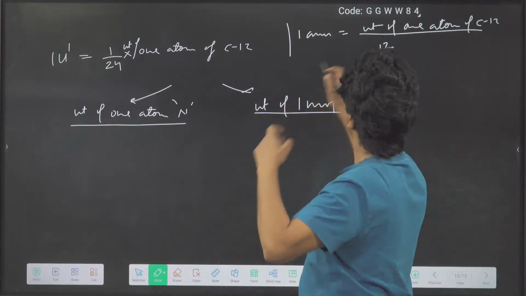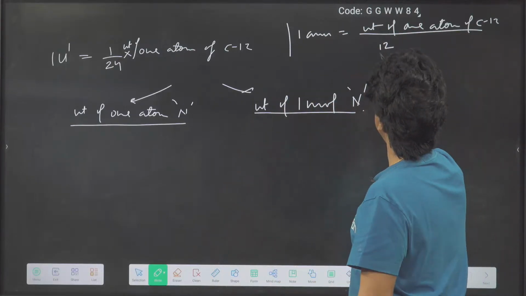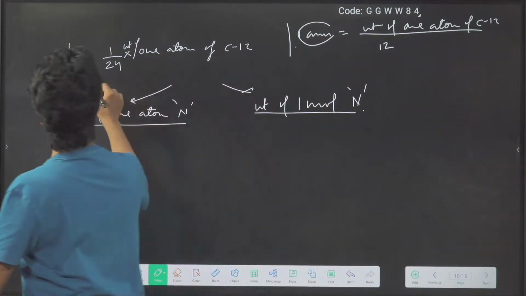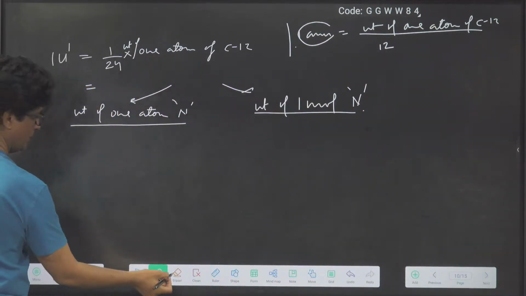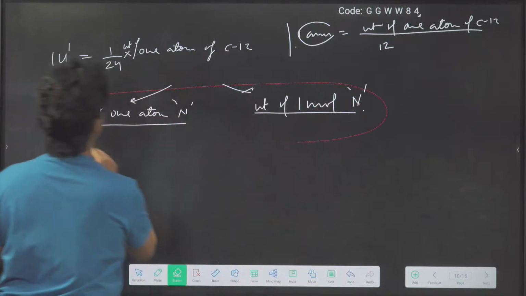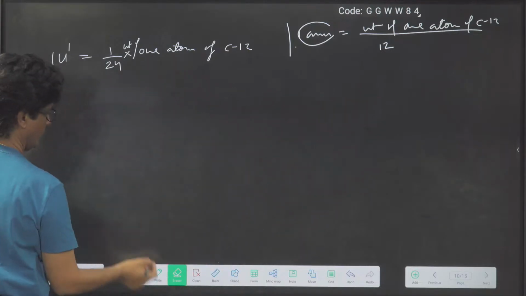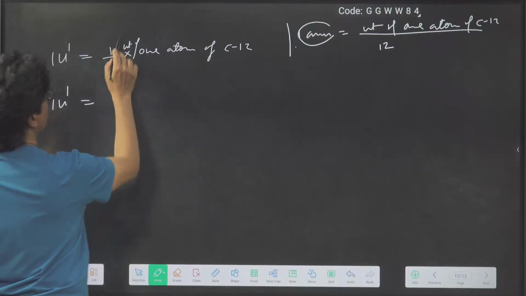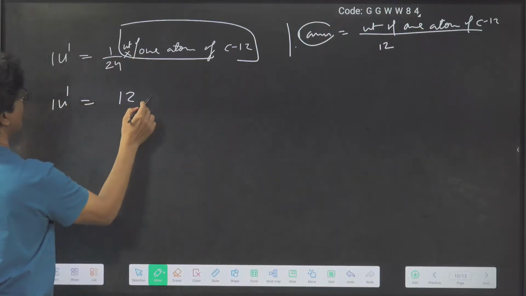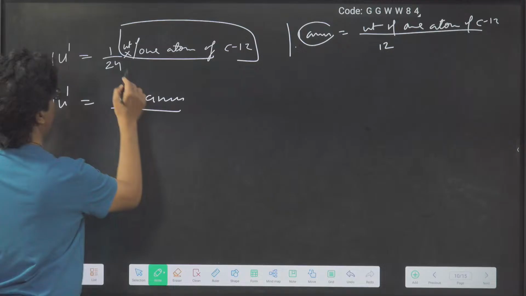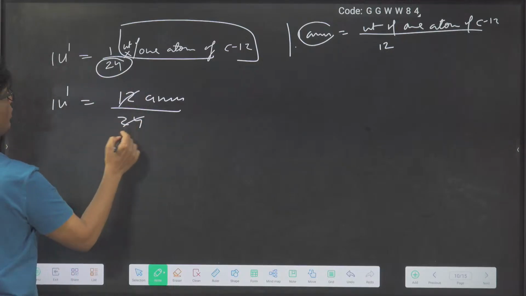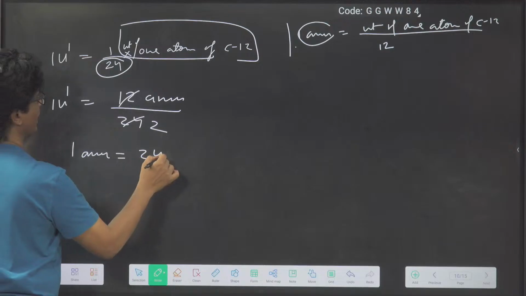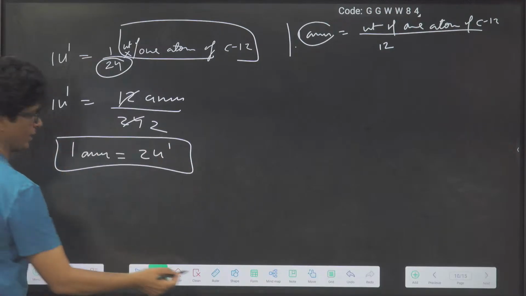So can I say the weight of 1 atom of carbon 12 is 12 AMU? If I replace this value out here, 1 U dash is equal to 12 AMU upon 24. So 1 AMU is equal to 2 U dash.